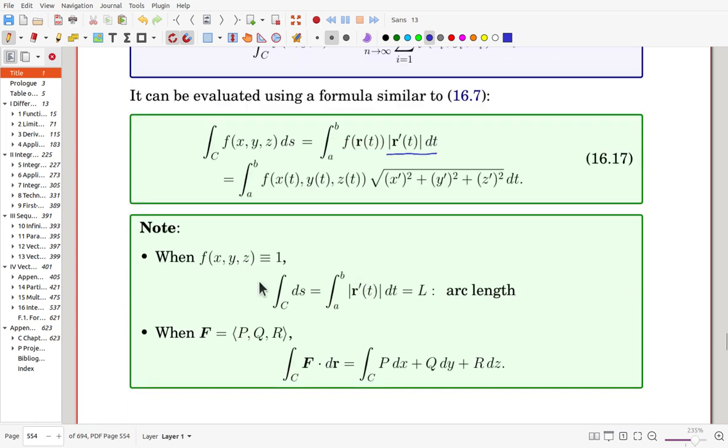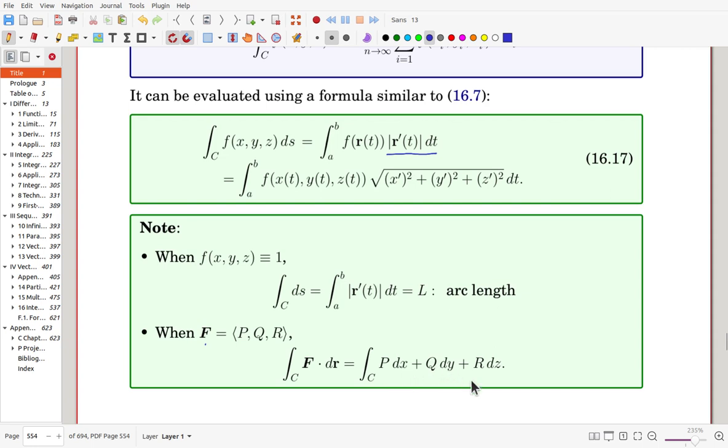Okay. Now, once we choose the function to be always 1, then that becomes the arc length. And again, in the same way, in coordinate variables x, y, z, we may consider integrals occurring together: x directional integration, y directional.